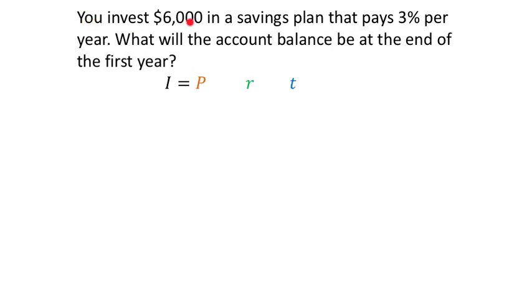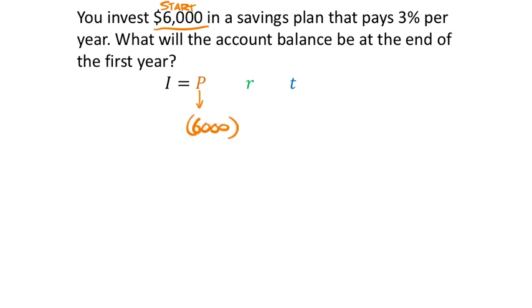It says you invest $6,000 in a savings plan that pays 3% per year. What will the account balance be at the end of the first year? Okay, so it gave us all three values. First, the principal. The $6,000 is how much we're going to invest at the start. So the P value, the principal, is going to be 6,000.